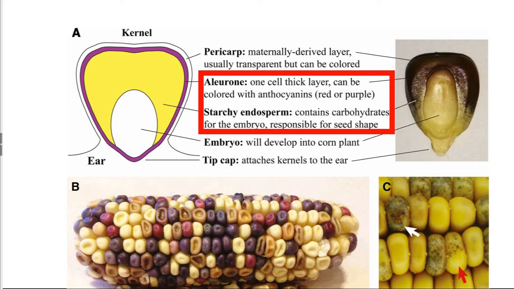Sometimes if the aleurone is clear, so the red or purple pigments aren't produced, we can see the starchy endosperm through that, and that's when we can see the yellow color. Within the kernel, we also have the embryo, which is going to develop into the next generation of corn plant.